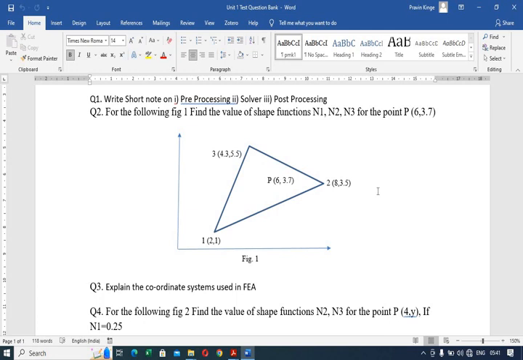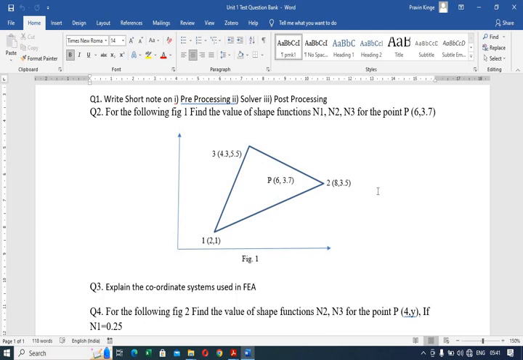After that, in the next step, you can select the elements for dividing that geometry into a number of small geometries. This process is called discretization. Then after that you can apply the loads and constraints. So up to this, whatever steps we have covered, those come under pre-processing.